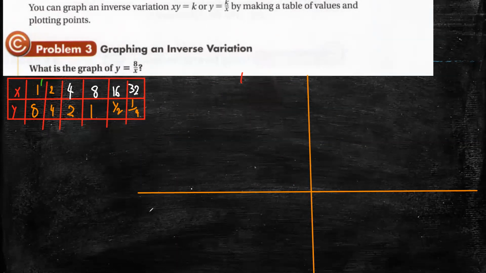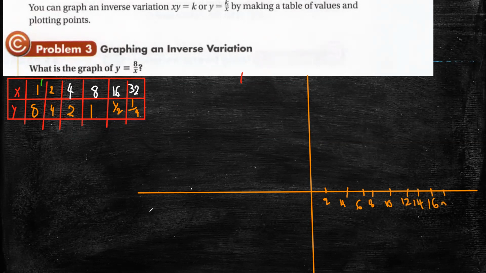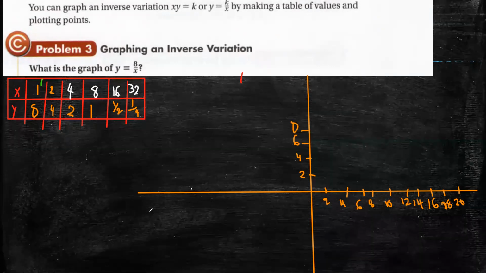So 2, 4, 6, 8, 10, 12, 14, 16, 18, 20, and so on. And here we have 2, 4, 6, 8, 10, 12, and 14.